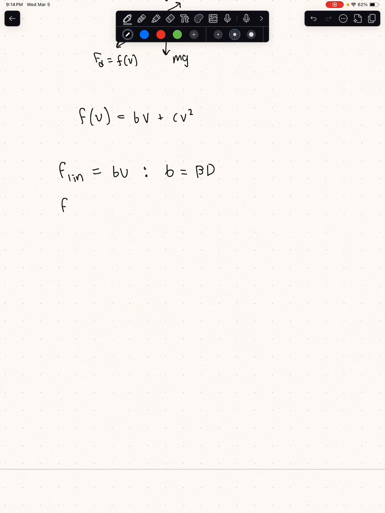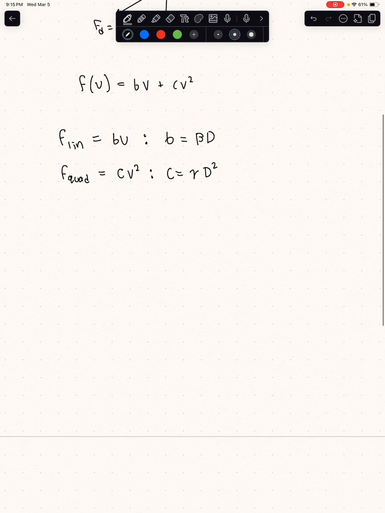And then the quadratic term is going to be quite similar, CV squared. This is such that C is equal to gamma D squared, again, D being the diameter of the object, and gamma, again, being dependent on the medium that the object is traveling through.